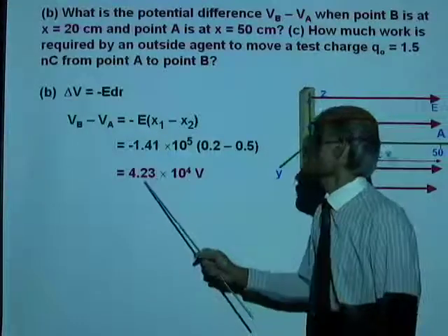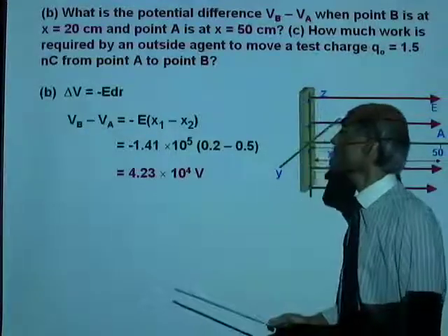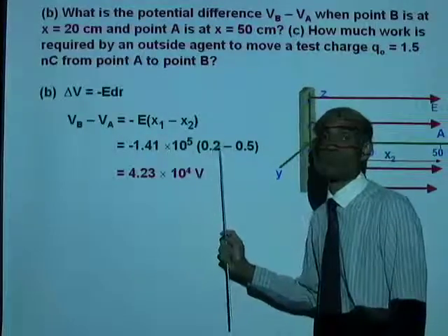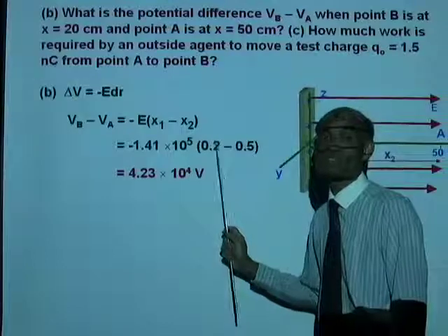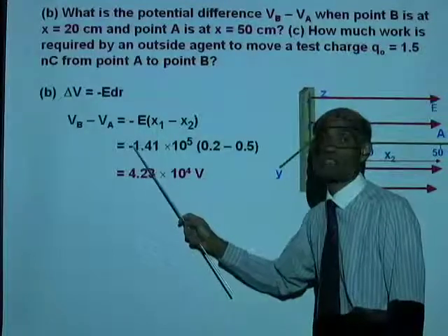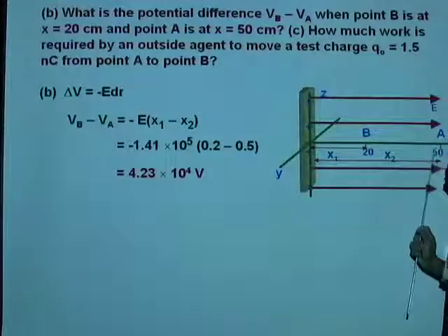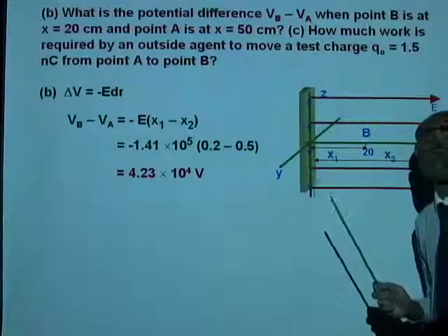That will be 4.23 times 10 to the 4. You notice that 0.2 minus 0.5 is negative, and that negative with this negative become positive. So tell me, which of these two points is at a higher potential?